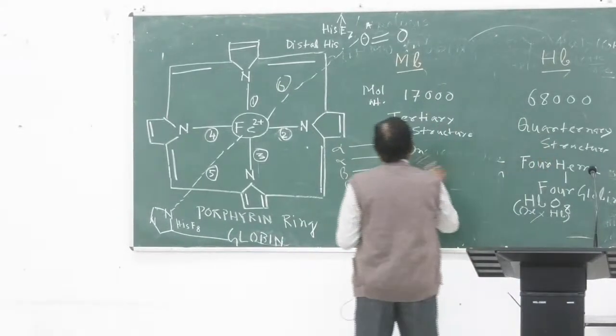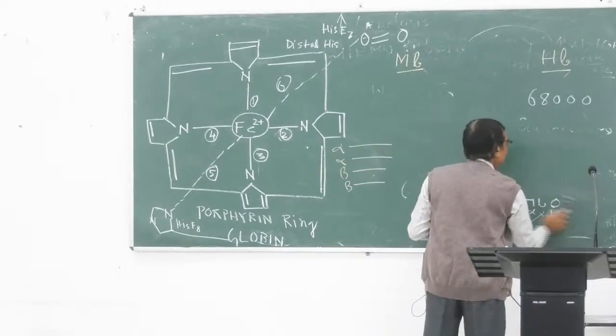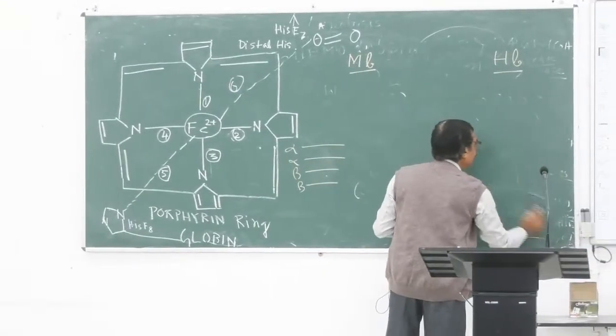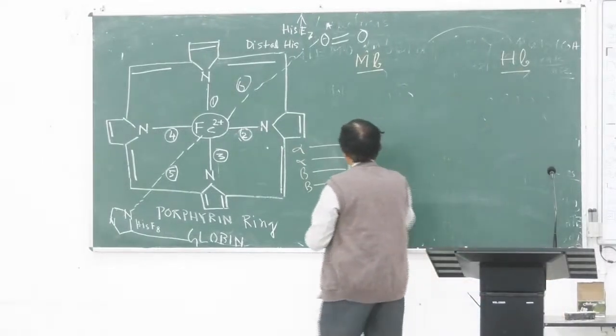এবার একটা হচ্ছে অ্যালোস্টেরিক প্রোটিন। কোনটা অ্যালোস্টেরিক প্রোটিন আর কোনটা নন অ্যালোস্টেরিক প্রোটিন? Myoglobin is a non-allosteric protein.